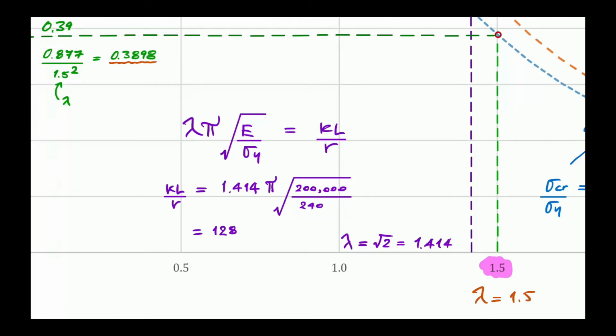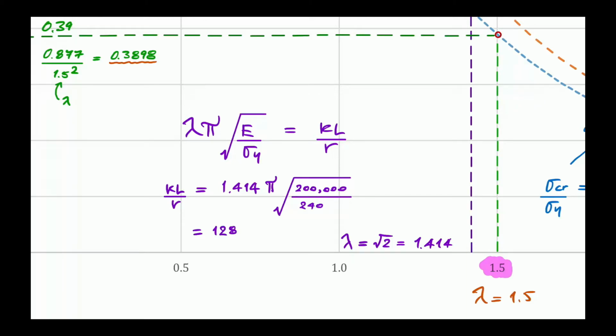We want to find the corresponding KL over R ratio, and we equate KL over R to this expression, lambda pi times square root of E over Fy.